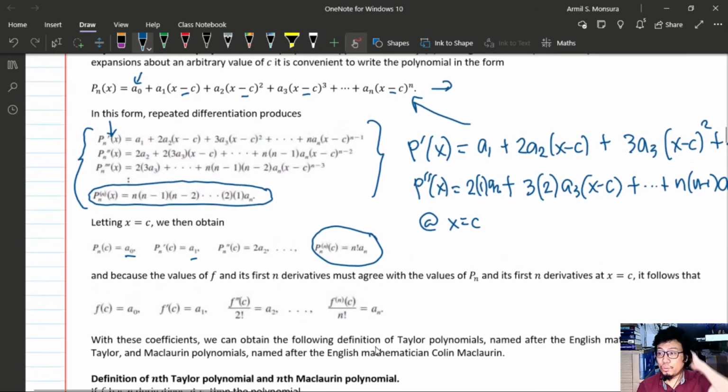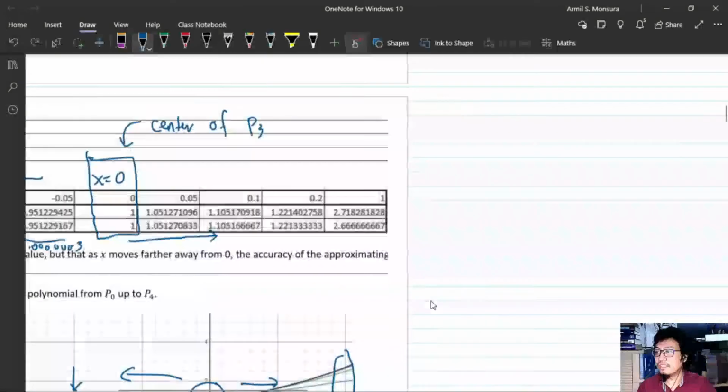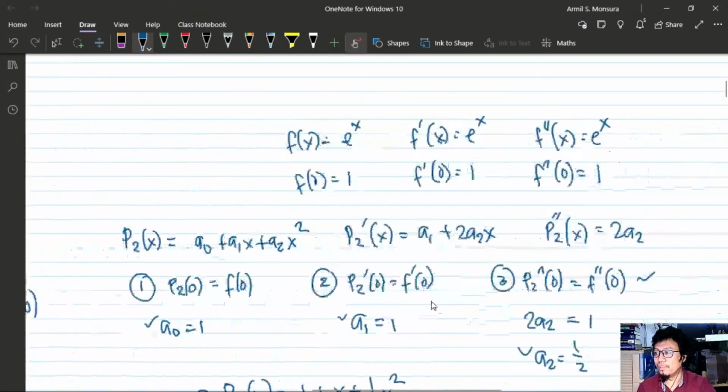Now, because we would like our function values and their derivatives to agree with the values of the polynomial and their derivatives at a given point c, we would be able to equate them, as what we were able to do here.